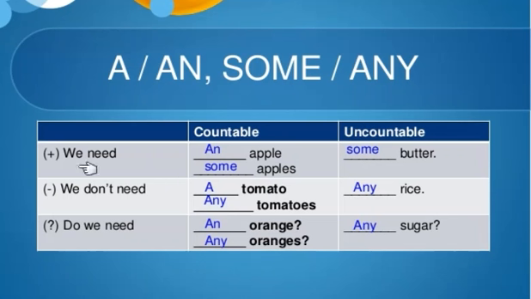In positive sentences, as you see here, we use some for countable nouns and for uncountable nouns. For the negative sentences, we use any, and for the uncountable nouns we use any too. About the questions, most of the time we bring any, again for both countables and uncountables.